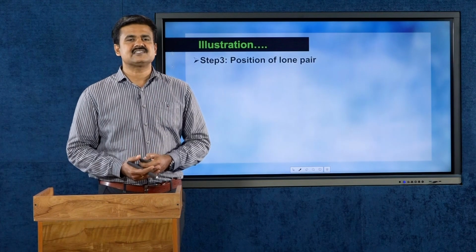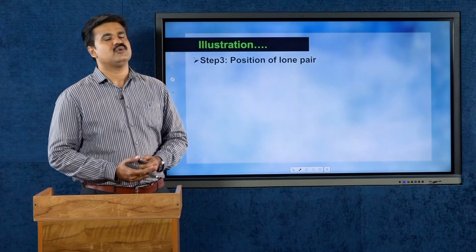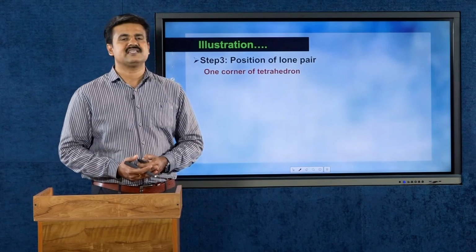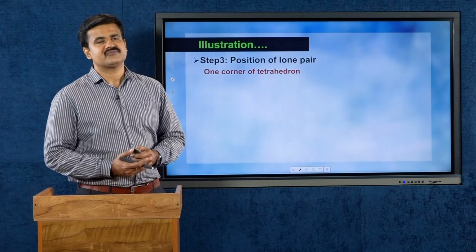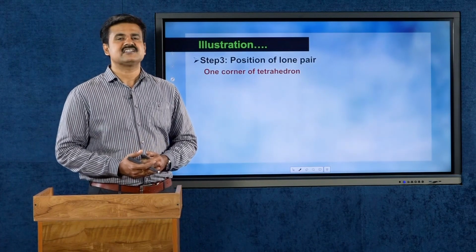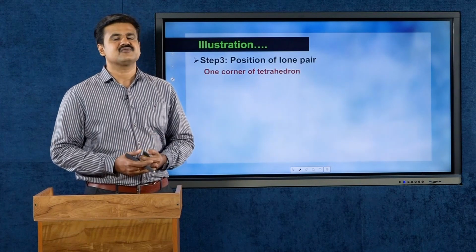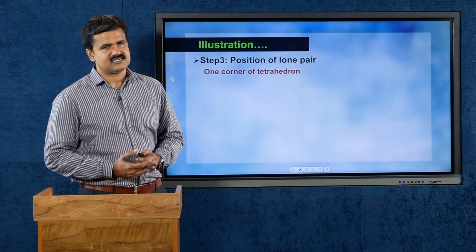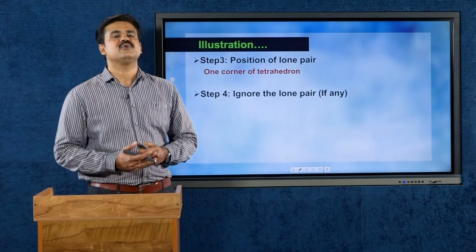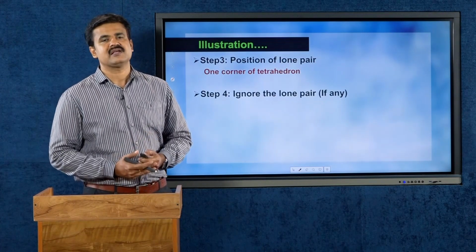Now, in the third step, you are going to fix the position of the lone pair according to VSEPR theory principles. So, the lone pair position is one corner of the tetrahedron. The four corners of the tetrahedron are identical, so the lone pair can be at any corner of the tetrahedron. In the last step, we are going to arrive at the shape by ignoring the lone pair.